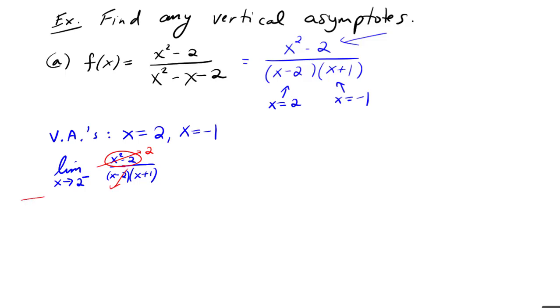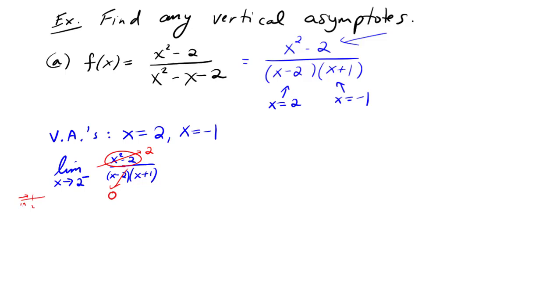Think about it: there's 2, you're approaching it from the left, so things like 1.9, 1.99, 1.999. It is eventually going to go to 0 as you go towards 2, but is it positive or negative?